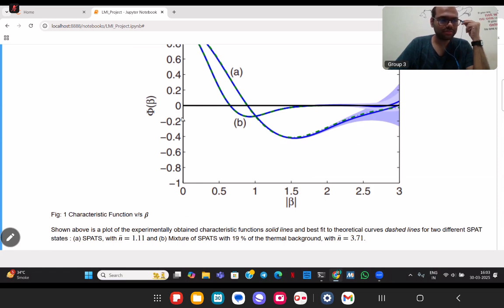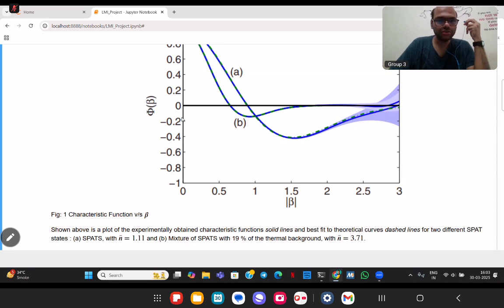And this spread that you see is the error in the characteristic function that I calculated in the previous part.